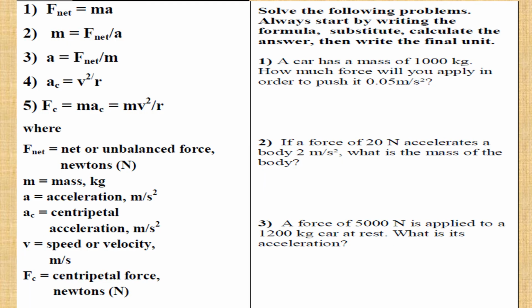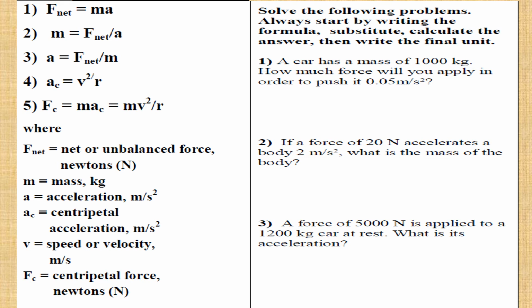Solve the following problems. Always start by writing the formula, substitute, calculate the answer, then write the final unit. Number 1. A car has a mass of 1,000 kilograms. How much force will you apply in order to push it 0.05 meter per second squared?